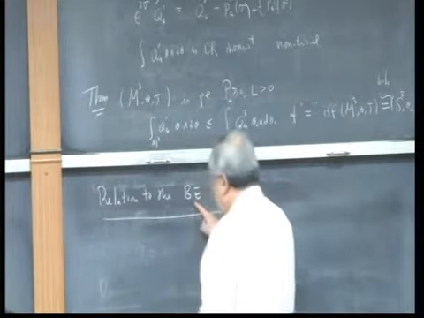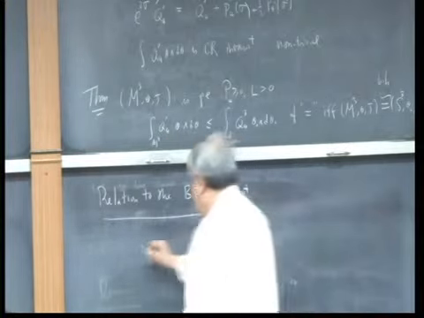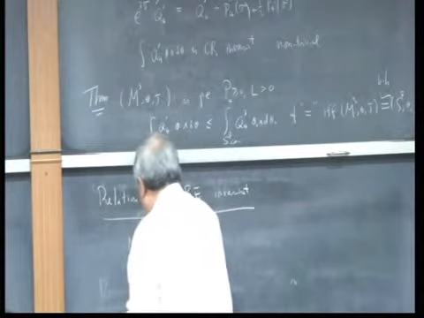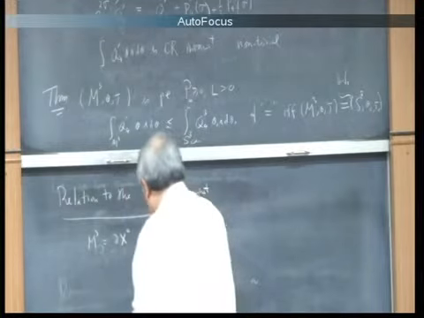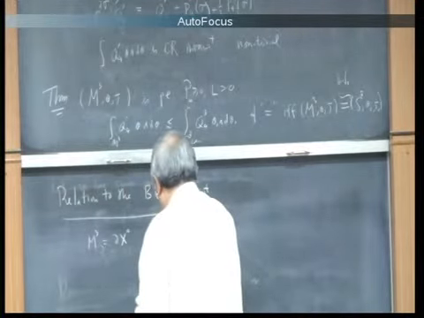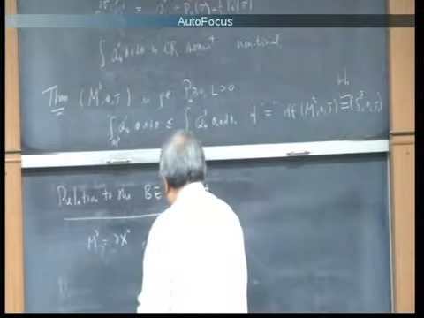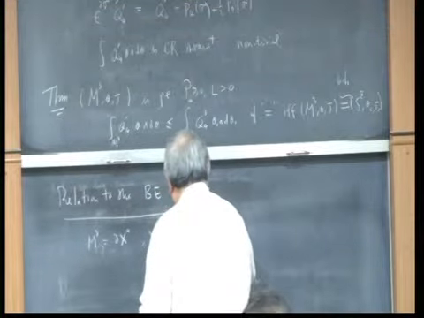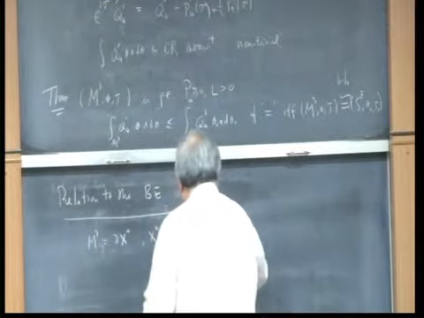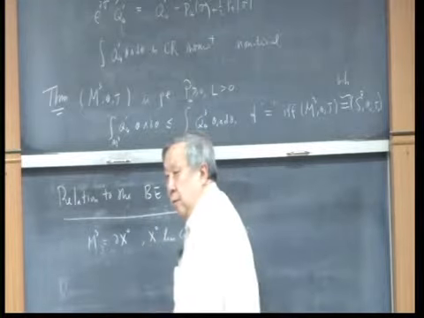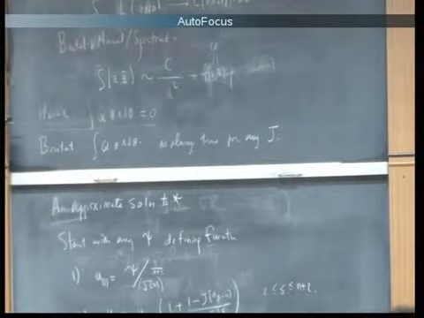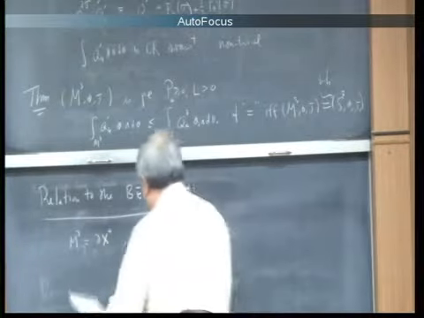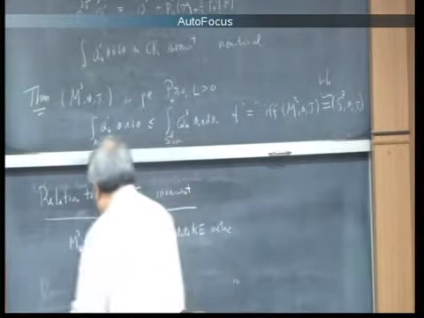This is dealing with a special situation. Suppose now M3 is the boundary of X4, and X4 has a complete Kahler-Einstein metric of negative Kahler-Einstein constant.